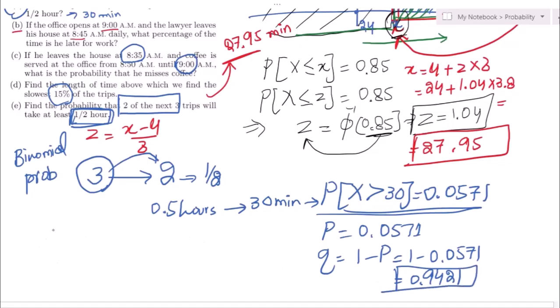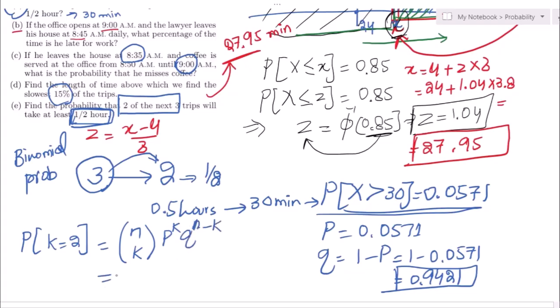So therefore now in order to find the probability that out of the 3 we have 2 rides which are 30 minutes or more than that, we have here k equal to 2 out of 3. The formula for it was n choose k, p to the power k and q to the power n minus k.